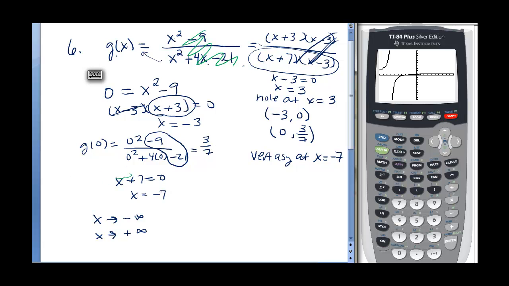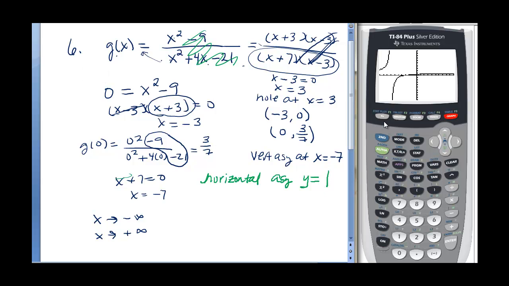And so what happens is this graph becomes closer and closer to 1 as x gets very large and x gets very small. So this is what I would determine to be my horizontal asymptote. My horizontal asymptote is going to be y is equal to 1.